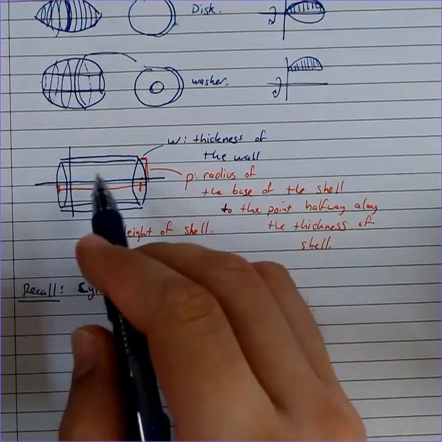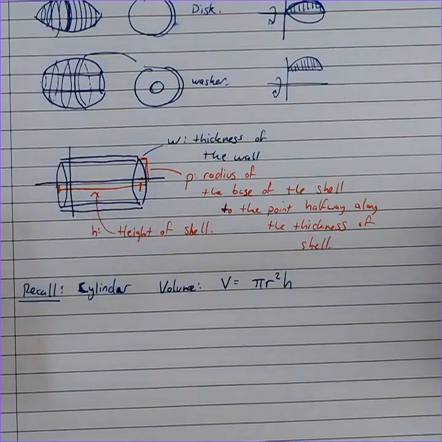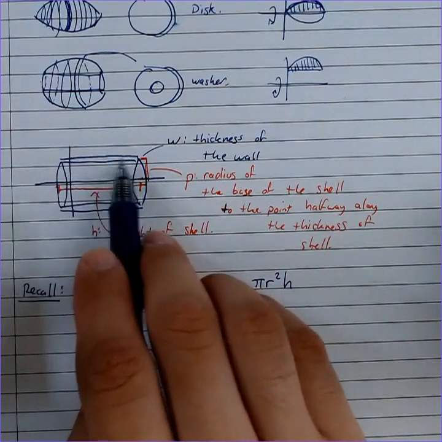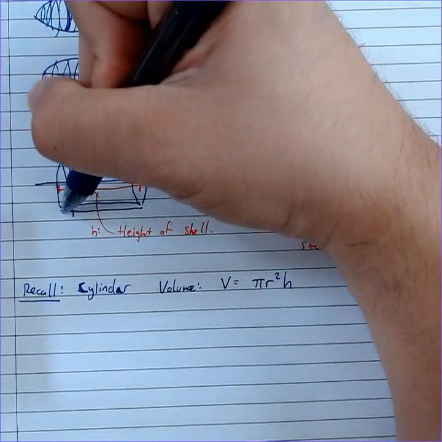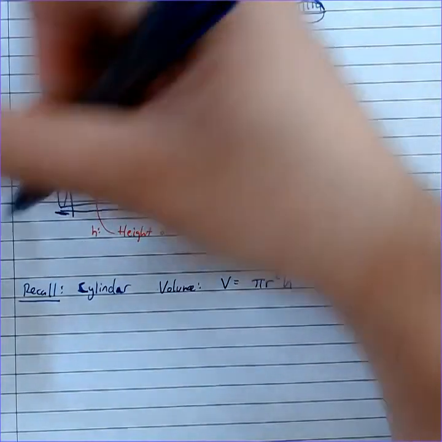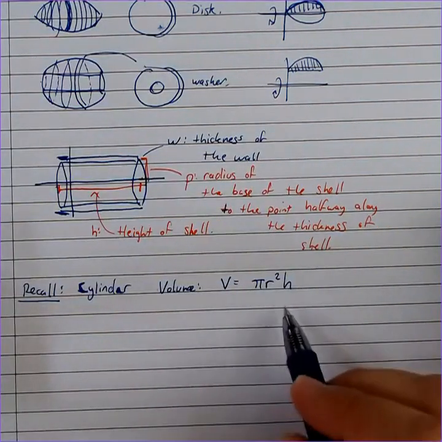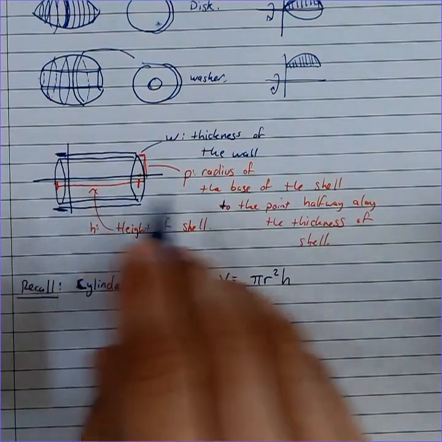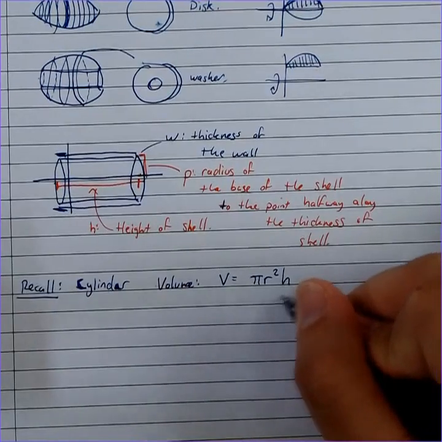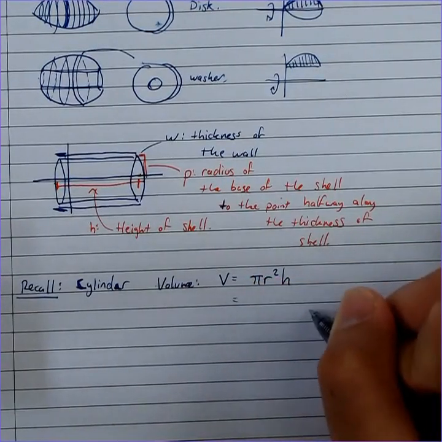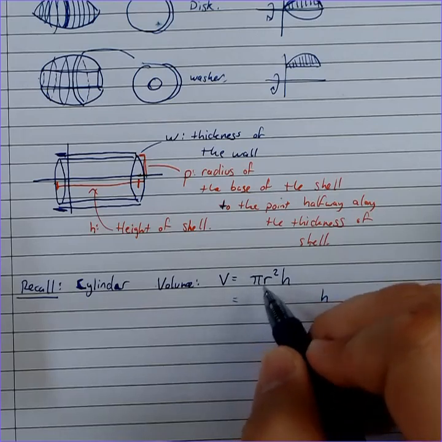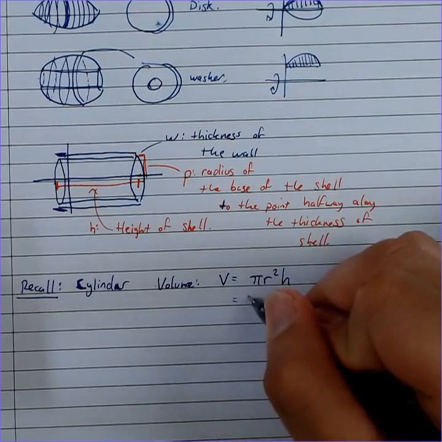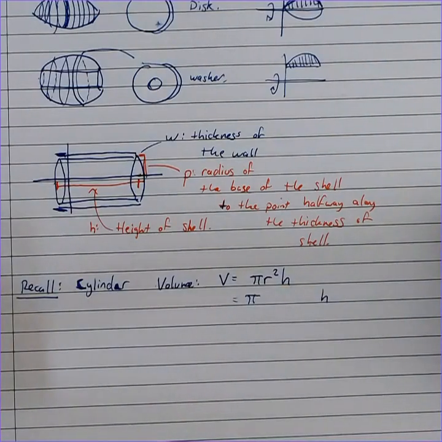Okay, so here, forget about the fact that it's hollow, and let's just worry about as if it were full all the way from this outermost shell all the way out to the other outermost shell. Okay, so the height is the height. We're still calling that h. So here, let me just call that h. And pi is a constant, all right? 3.1415926, so forth and so on. So let me leave that as pi.